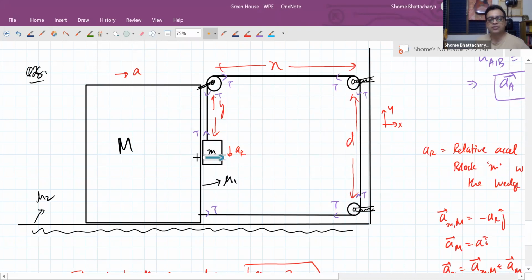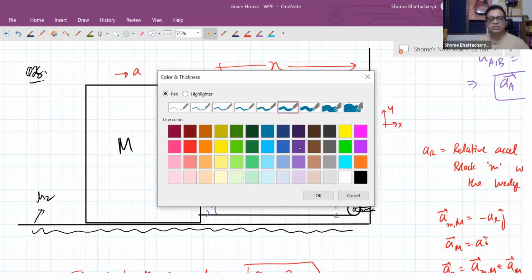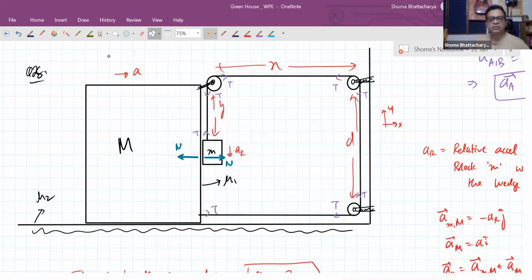And this is pushing it back with equal and opposite normal reaction. So there is the interactive force of normal reaction between these two. Okay. And this is sliding down. So obviously there is friction now between these two. So this is applying friction in this direction. This is applying friction in equal and opposite downward direction. So there is kinetic friction acting here between these two.